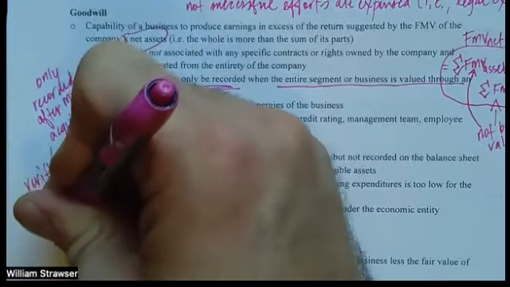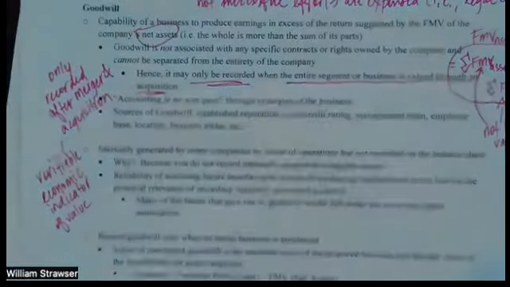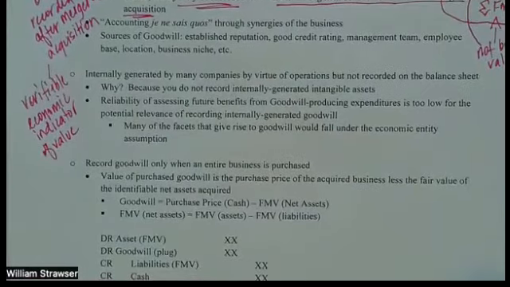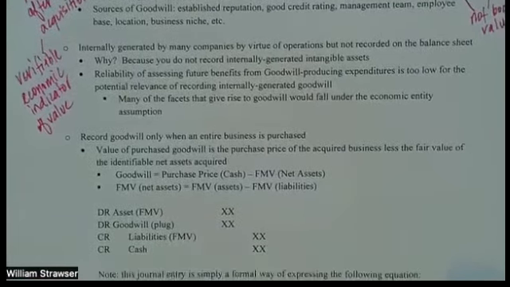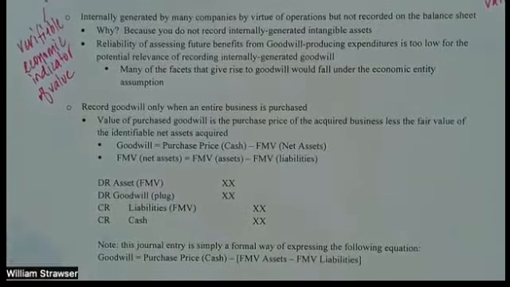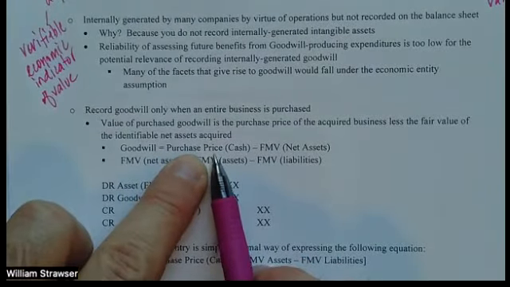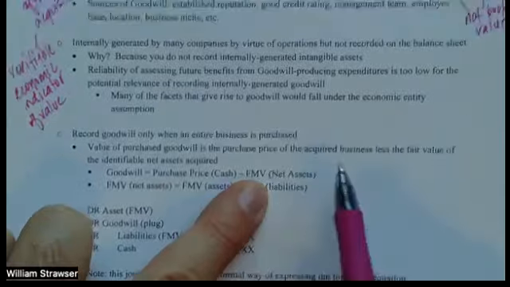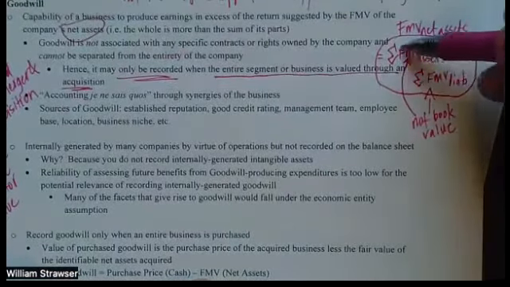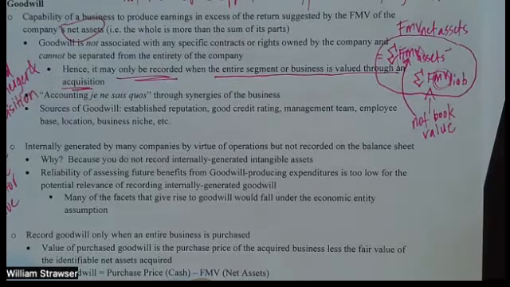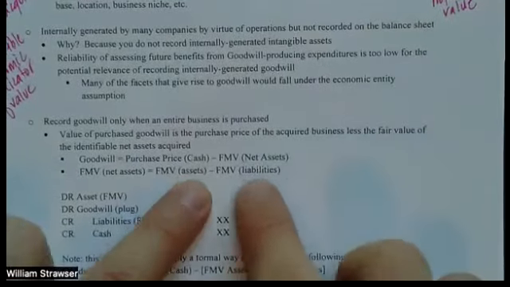And the way that we get that, basically I've gone through most of this text, is by looking at, well, what is the purchase price and what is the fair market value of net assets, i.e. all my assets summed up at their fair values, all of my liabilities summed up at their fair values.